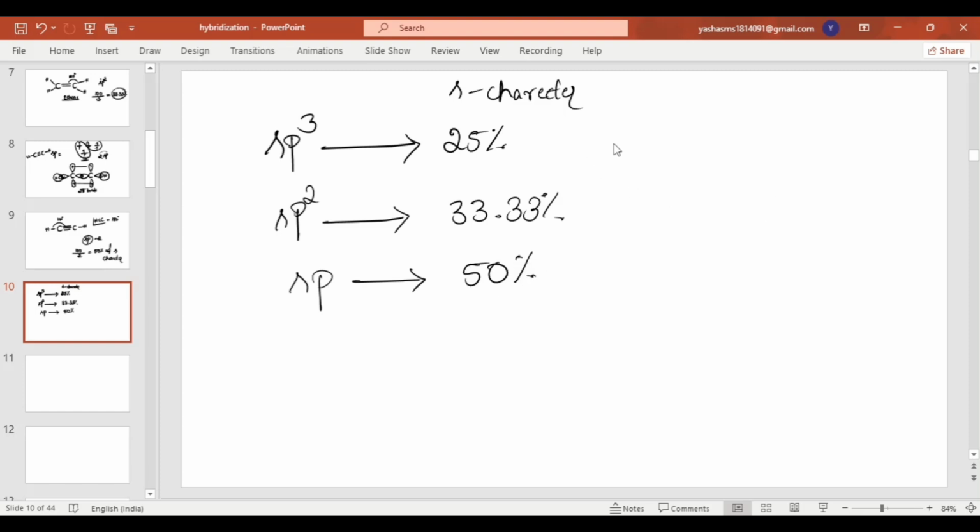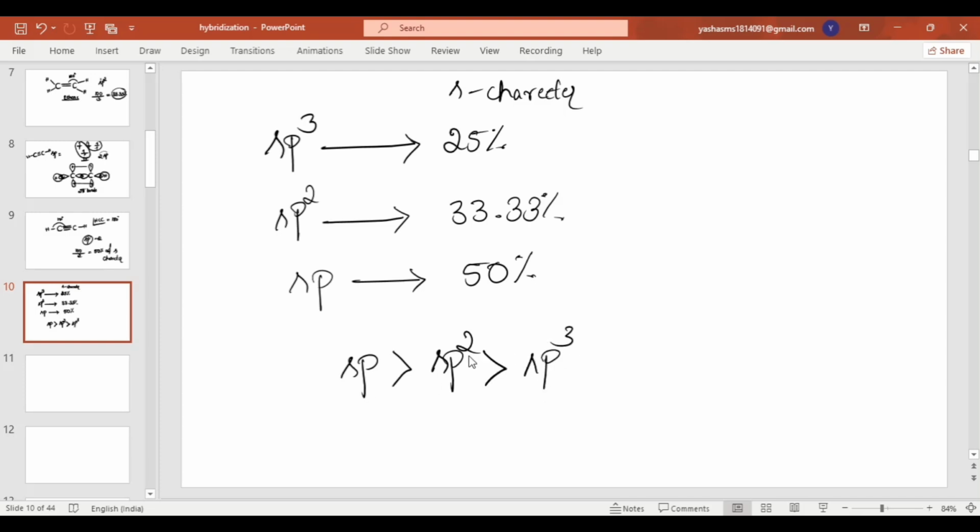Therefore, you can observe the electronegativity order. sp will have more electronegativity compared to sp2 and then sp3.